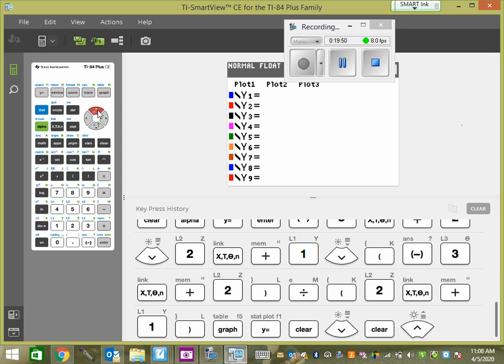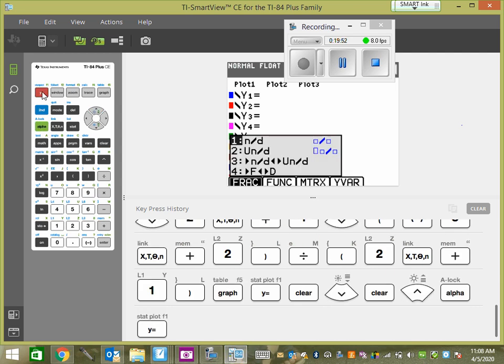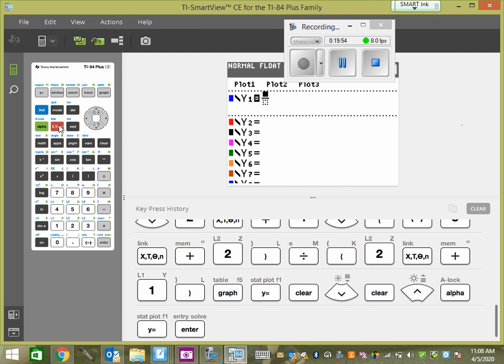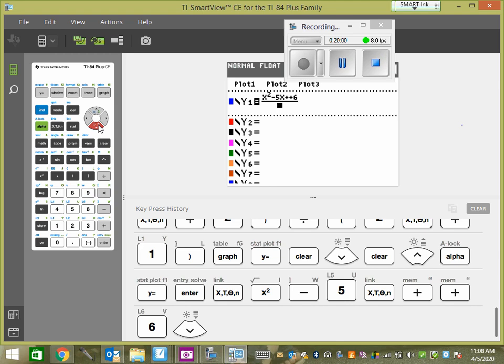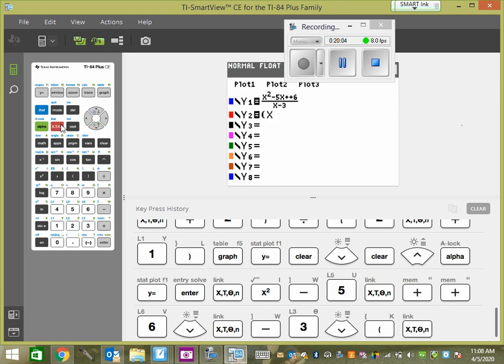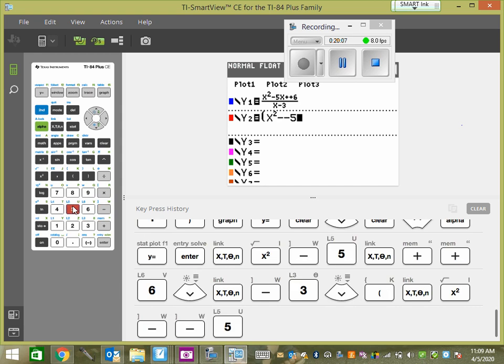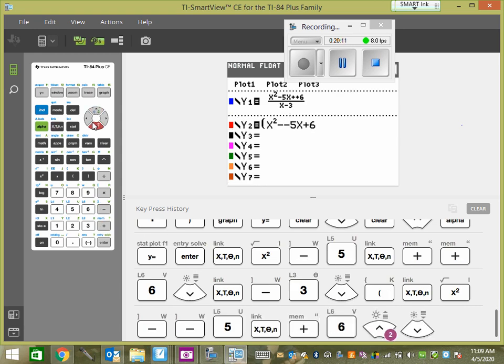So we'll do the same two ways again. I'm going to go alpha y equals, enter. On the top, I have x squared minus 5x plus 6. And on the bottom, I have x minus 3. Ooh, I have two plus signs up here. That would have not been good.